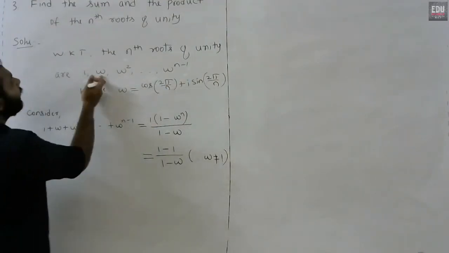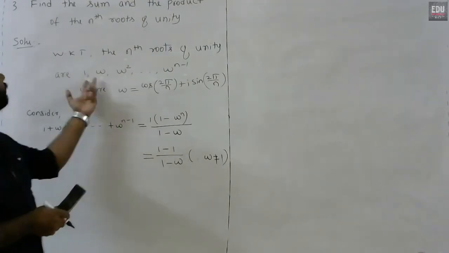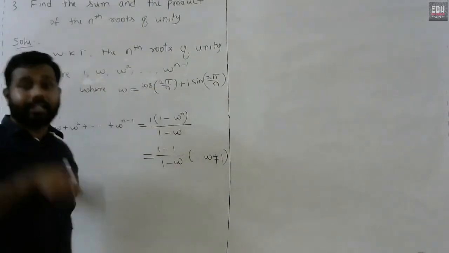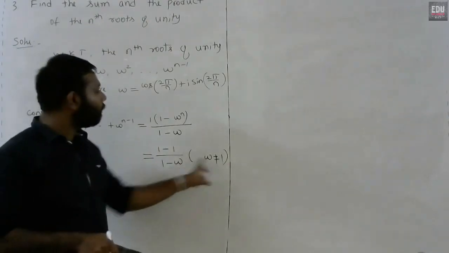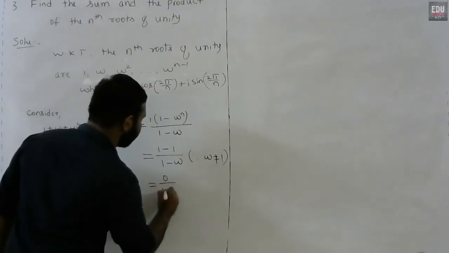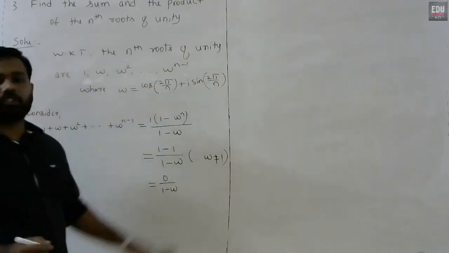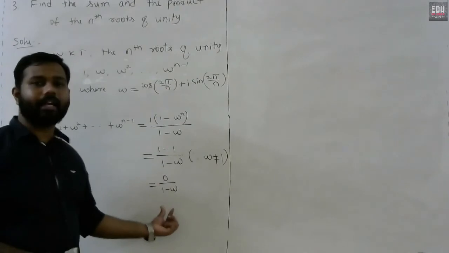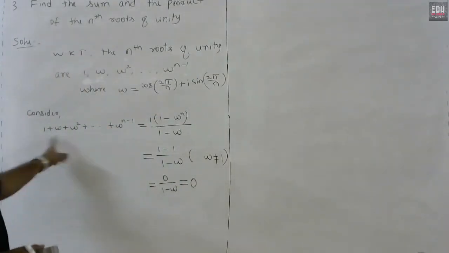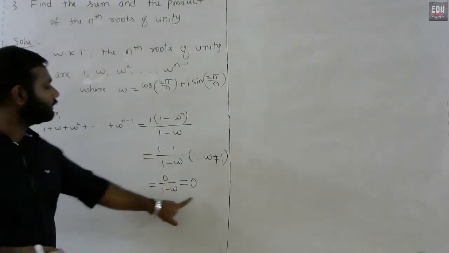So omega cannot be equal to 1. Then these two will be the same. So it will be a contradiction, as these are n distinct nth roots of unity. Omega cannot be equal to 1. So it is 0 divided by 1 minus omega, where 1 minus omega is a finite quantity. So 0 by any finite quantity is 0. So the sum of the nth roots of unity is 0.